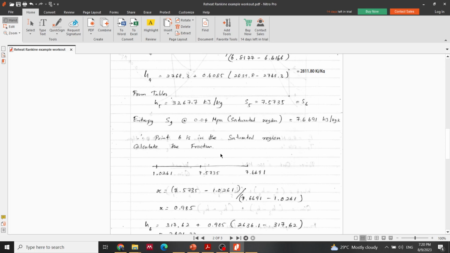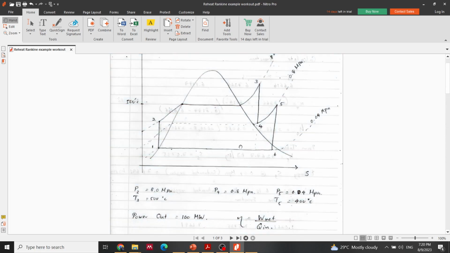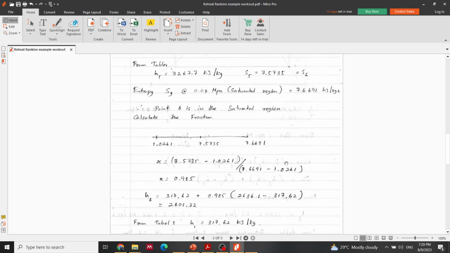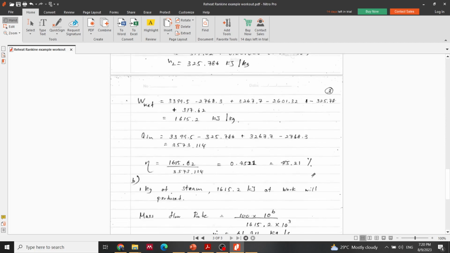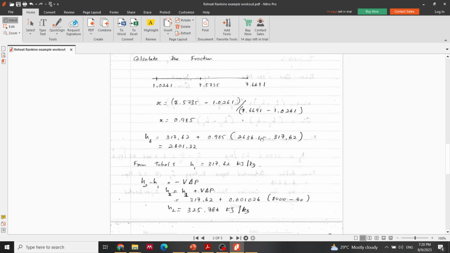Therefore, we can calculate the fraction. Fraction means the quality of the steam. We can calculate this fraction using the S values, right? Again, we can extract the SL and SG values from the table.